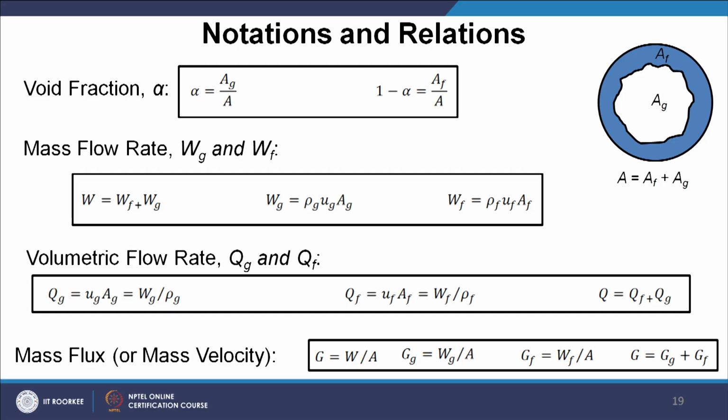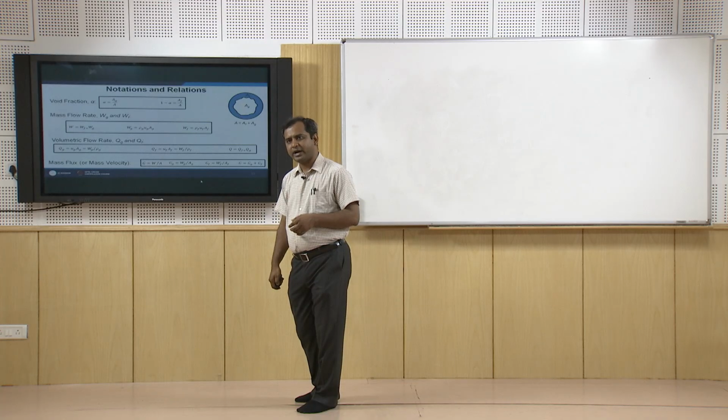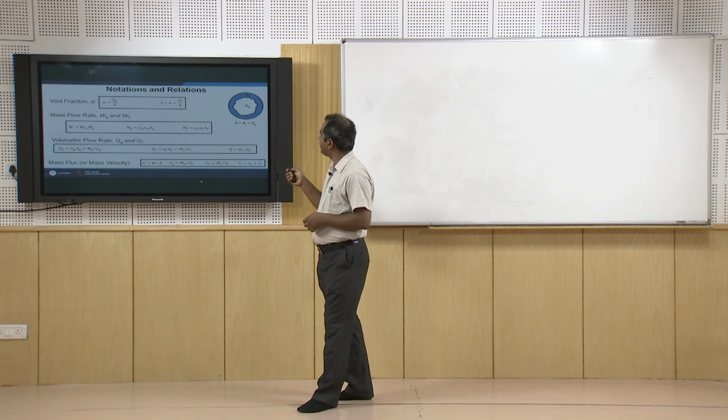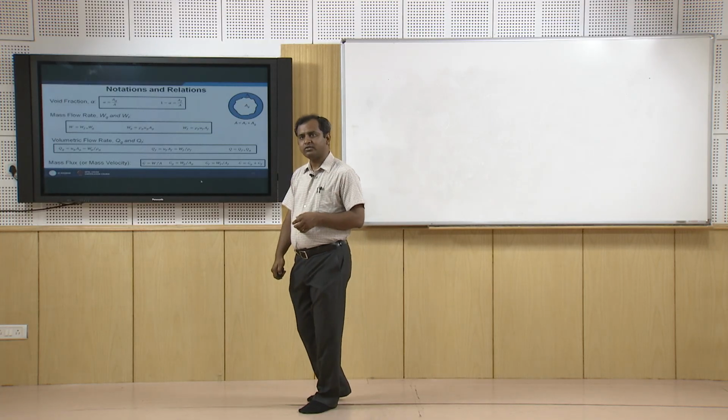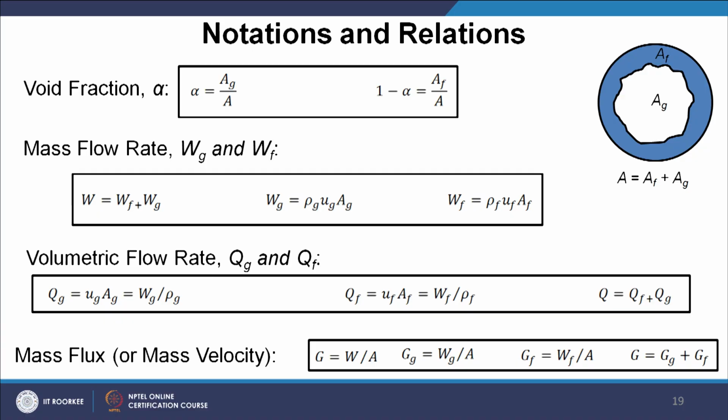So fluid is denoted by F and gas is denoted by G. The area occupied by liquid we call AF, and the gas occupies an area AG. So from the area average we can write A equals AF plus AG, right.